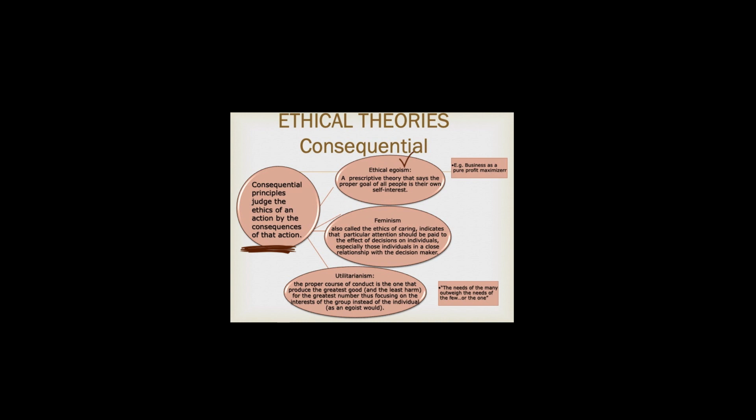A second ethical theory that's consequential is what's called a feminist ethical theory. It's not really specifically discussed in the book, but I just want you to be aware of it. It's also called the ethics of caring, which indicates that a particular attention should be paid to the effect of decisions on individuals, especially those individuals in a close relationship with the decision maker.